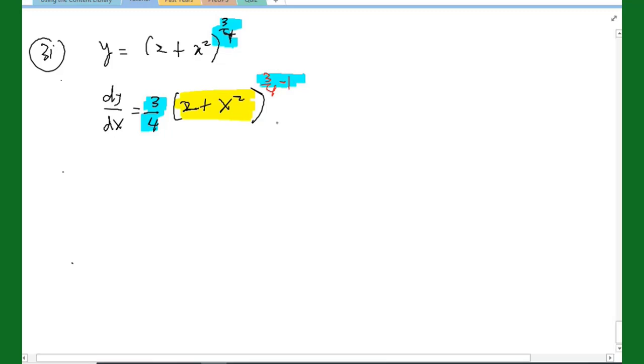Now the outside is done. Now we need to multiply by what is inside. Differentiate the inside: 0 plus 2x to the power 1. So differentiating x gives 1, like that.